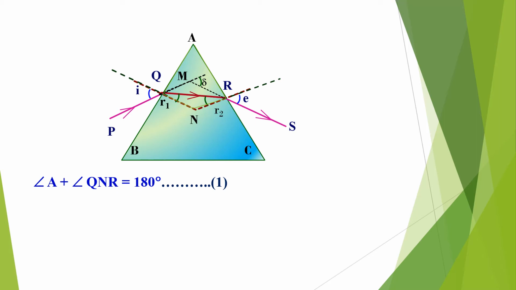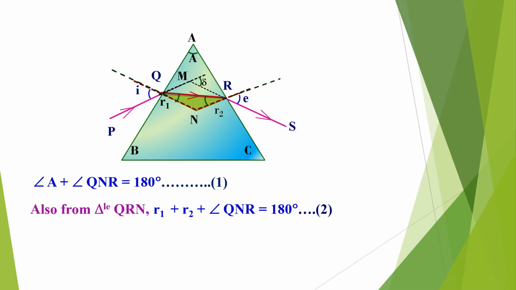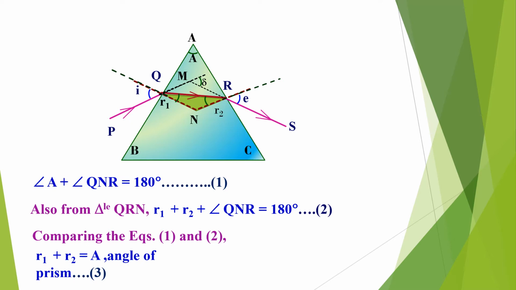The angle A plus angle QNR is equal to 180 degrees, that is equation 1. From the triangle QNR, R1 plus R2 plus angle QNR is equal to 180 degrees. Comparing equations 1 and 2, we get R1 plus R2 is equal to A, the angle of prism.